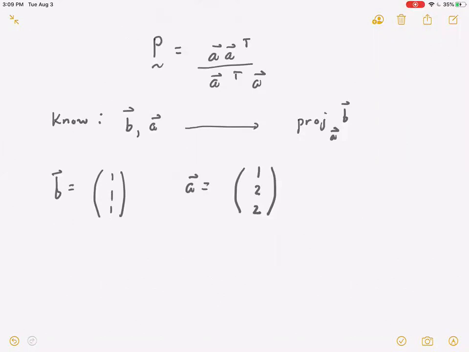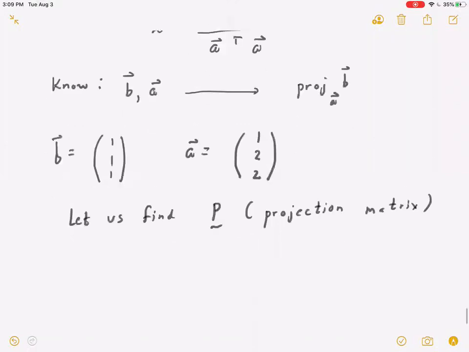So let us find the projection matrix. Which again has to be a matrix. So its denominator has to be A times the transpose of A, not the other way around. Its numerator has to be A times the transpose of A. That is a matrix. The denominator is the transpose of A times A, and that's a scalar.